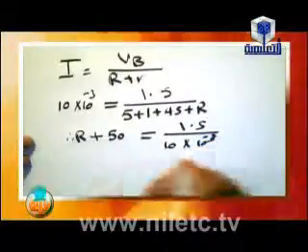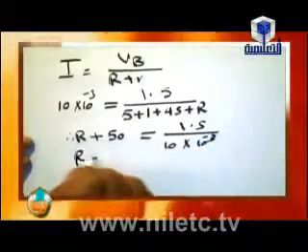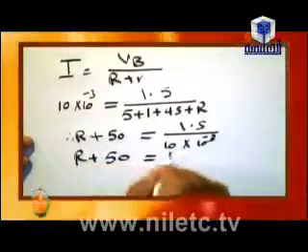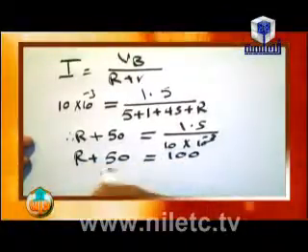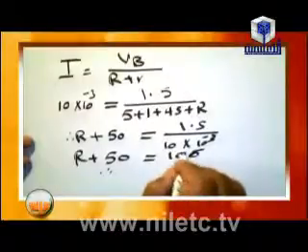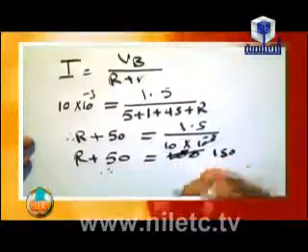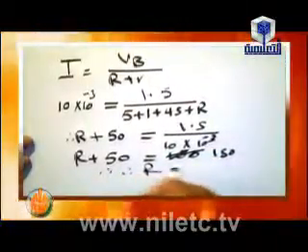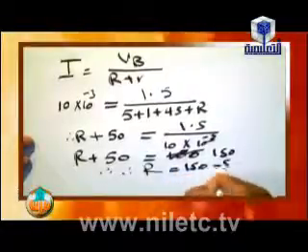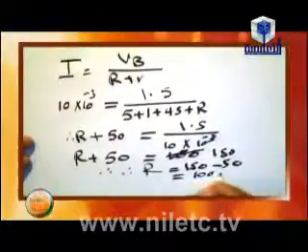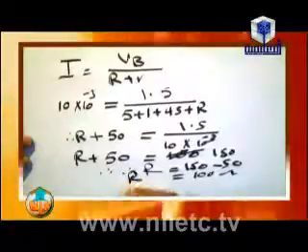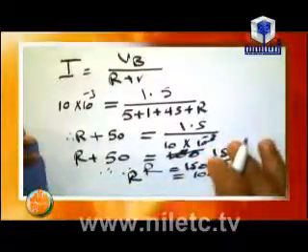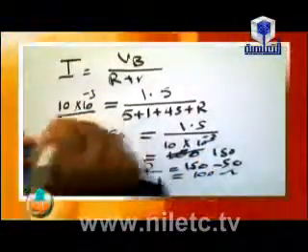Then R plus 50 equals 150. Then R equals 150 minus 50 equals 100 ohm. This is the value of resistance that must be inserted in the ohmmeter in order to read 10 milliampere.